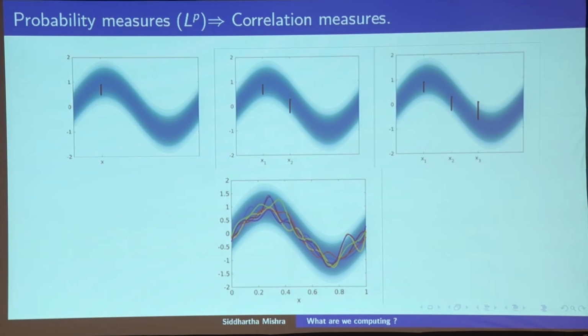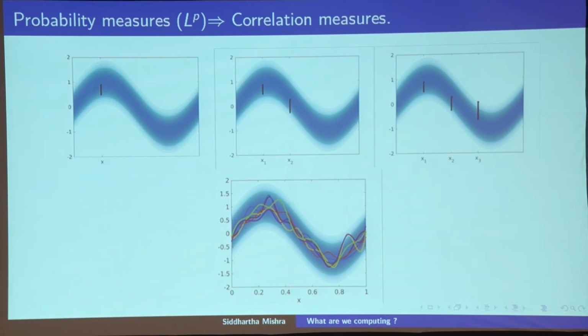This entire family is completely equivalent to a probability measure, but on functions. What do I mean by that? I have just drawn a bunch of functions here. So what you can do is give a certain weight to the green function, to the blue function, to the orange function, and so on, a non-negative weight, so that this adds up to 1.